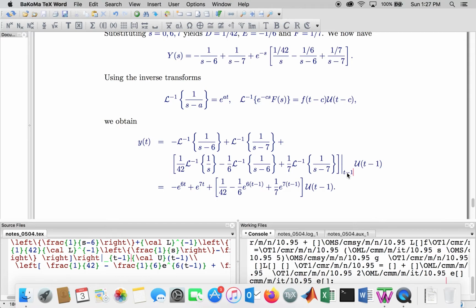So they're evaluated at t minus 1, not just plain old t. So that's how this task of inverse transforming this whole thing is broken down into individual inverse transforms based on this rule here for the part of the exponential, and then carrying out all those inverse transforms leads you to this. So again, don't forget to replace t with t minus c at the end. In this case, c equals 1.